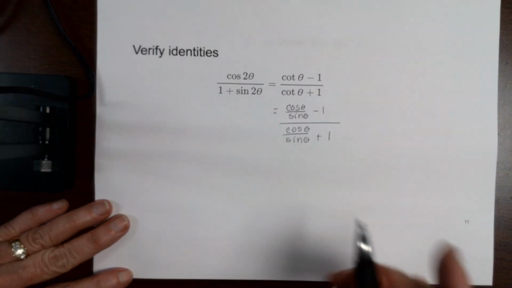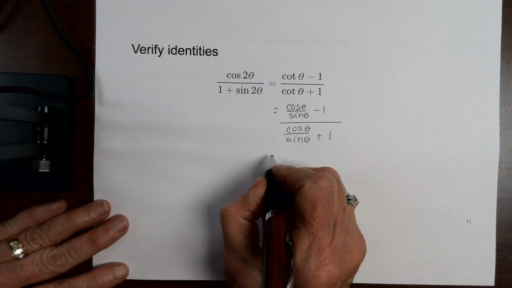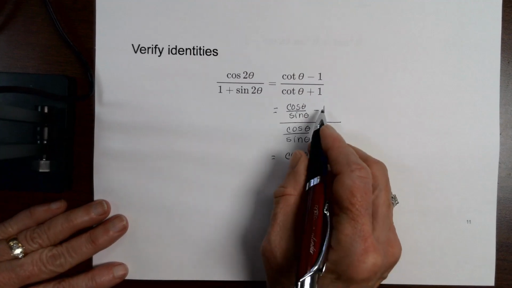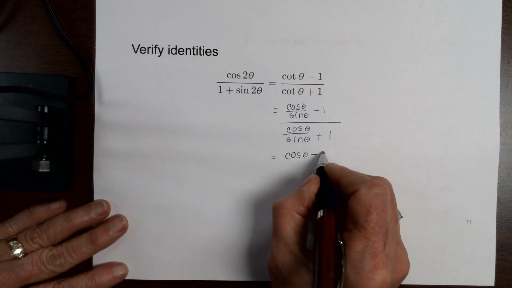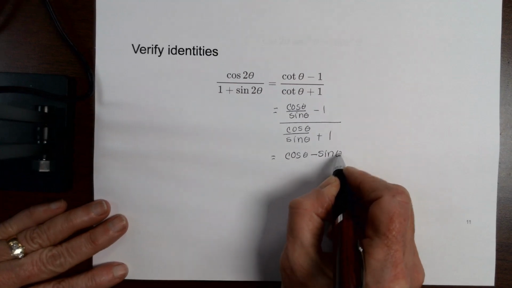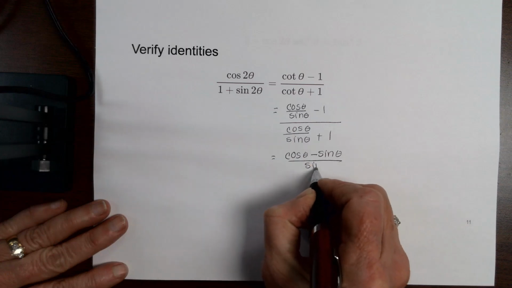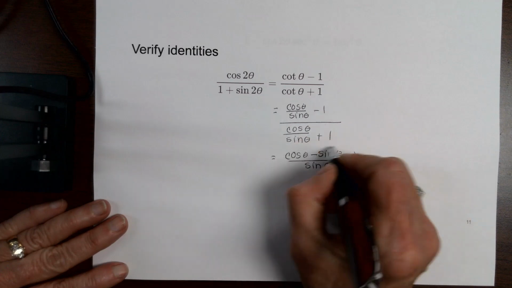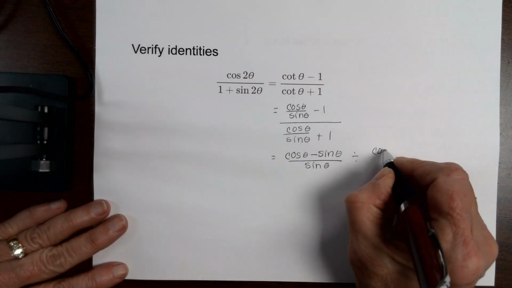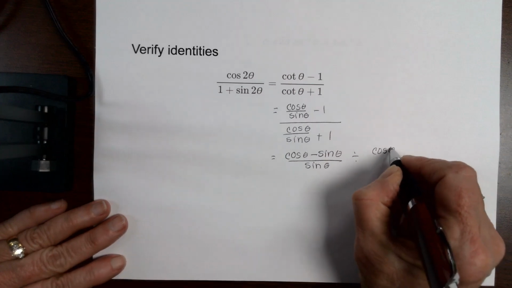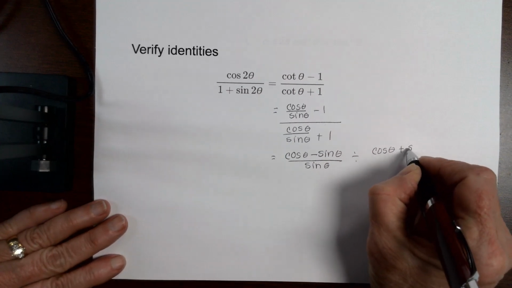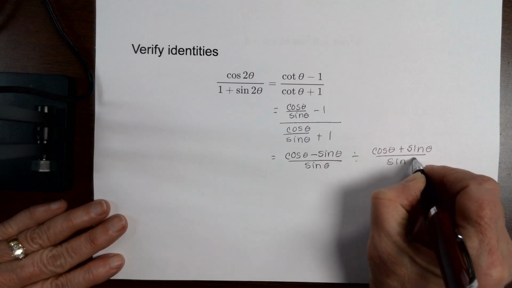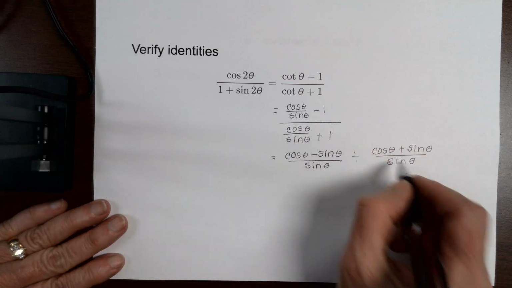I've got to write these with a common denominator, so when I do that I have the cosine of theta. This is going to be sine over sine, so minus sine of theta over the sine. That's what that becomes. Divided by, now I'll do the bottom one, so I have the cosine of theta plus the sine of theta over the sine of theta. That's what this changes to.